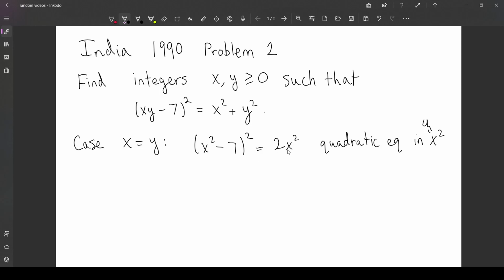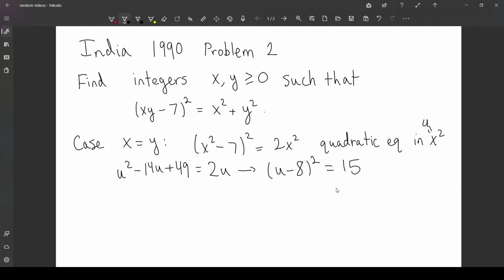If u equals x squared, then this is u squared minus 14u plus 49 equals 2u. If you simplify this, you can complete the square and get (u minus 8) squared is 15.